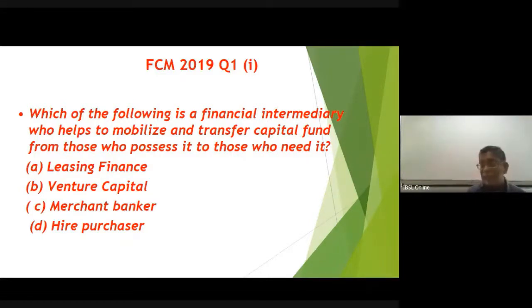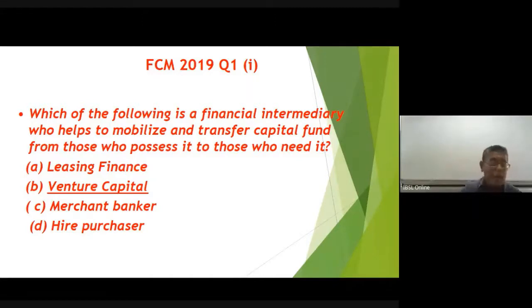I gave you a little while ago the definition of venture capital, right? So a financial intermediary who helps to mobilize and transfer capital funds from those who possess it to those who need it. So the answer is venture capital, right? Okay.